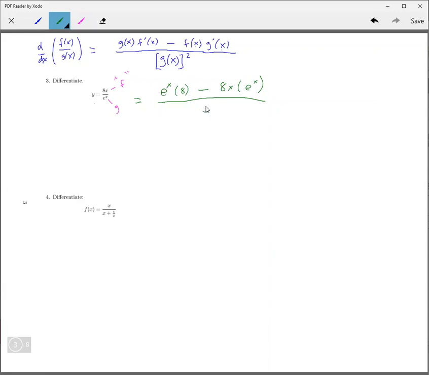All over the square of what's below. So e to the x squared. You can also write it as e to the 2x, okay, like that.